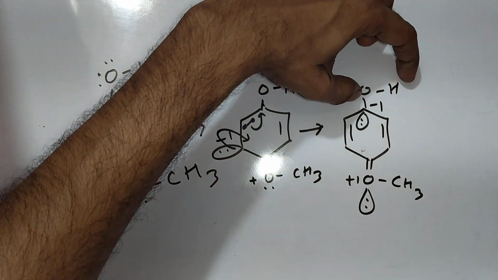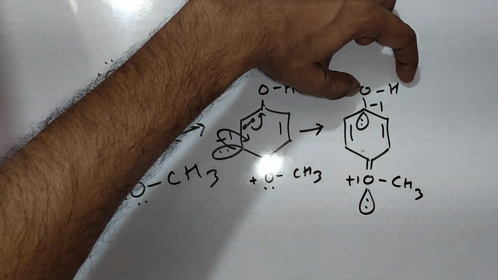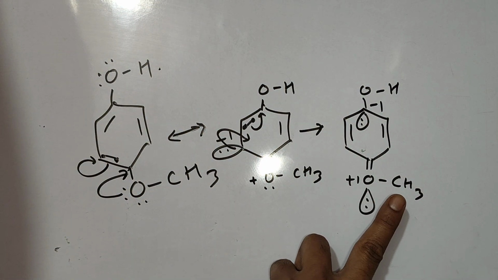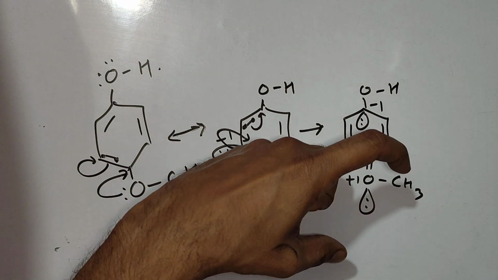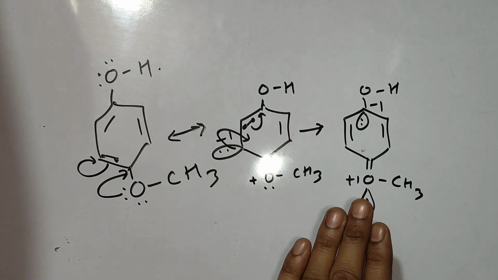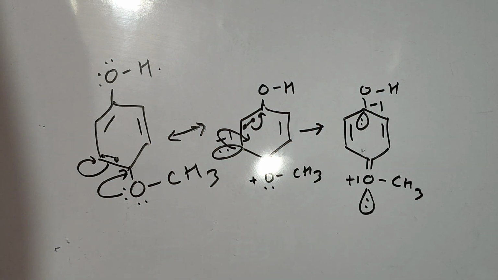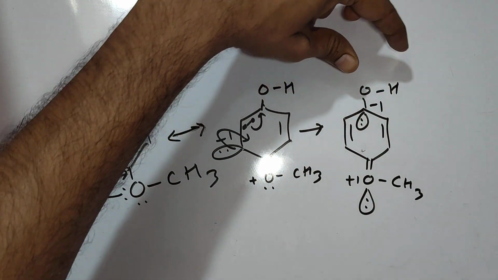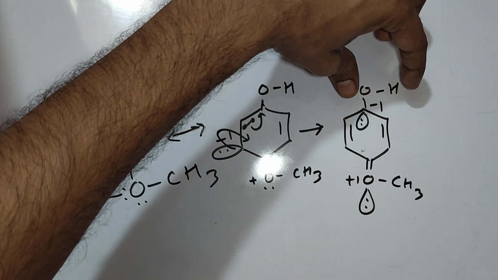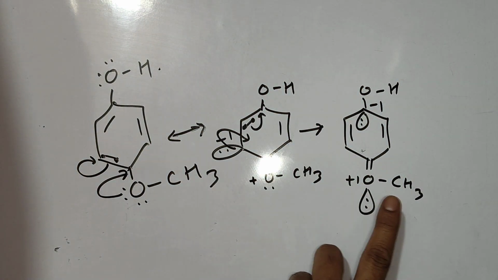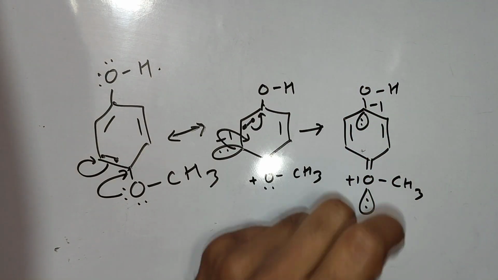So definitely this OH group will be affected by the plus R effect of the OCH3 group. The OCH3 group is showing plus R effect. Due to resonance, it is losing electrons to the benzene ring, or it is donating electrons to the benzene ring. And those electrons are coming on which position? To the carbon on which OH group is attached. So definitely this OH group will be affected by plus R effect of the OCH3 group from the para position.